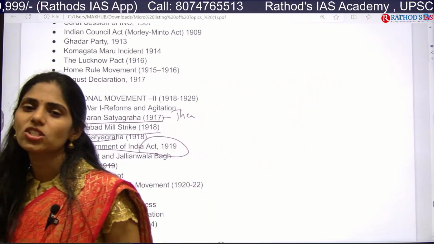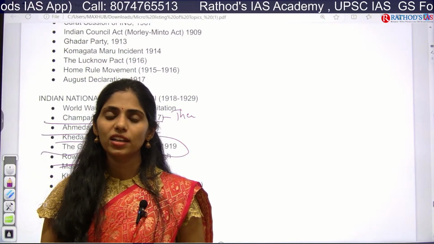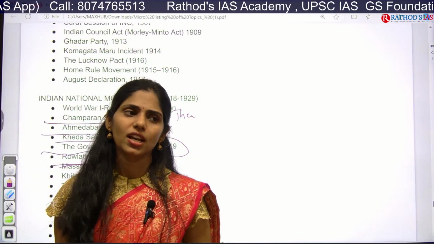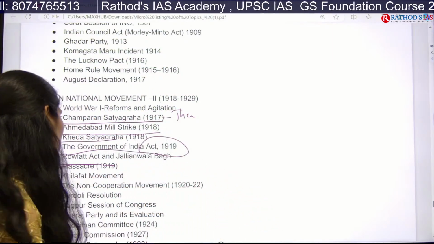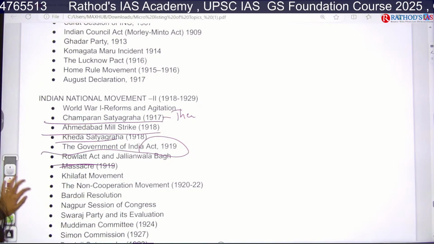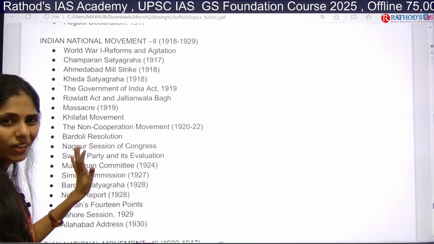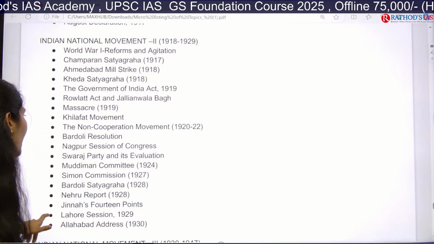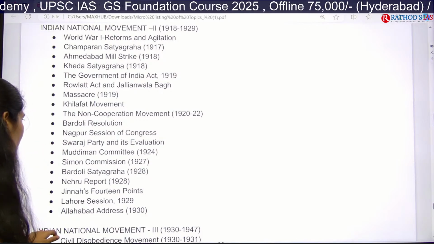At that time General O'Dwyer started firing and many people lost their lives. That incident is called the Jallianwala Bagh massacre. After that come the Khilafat movement and the non-cooperation movement in 1920 to 22, and then the Bardoli resolution and the Nagpur session of Congress.